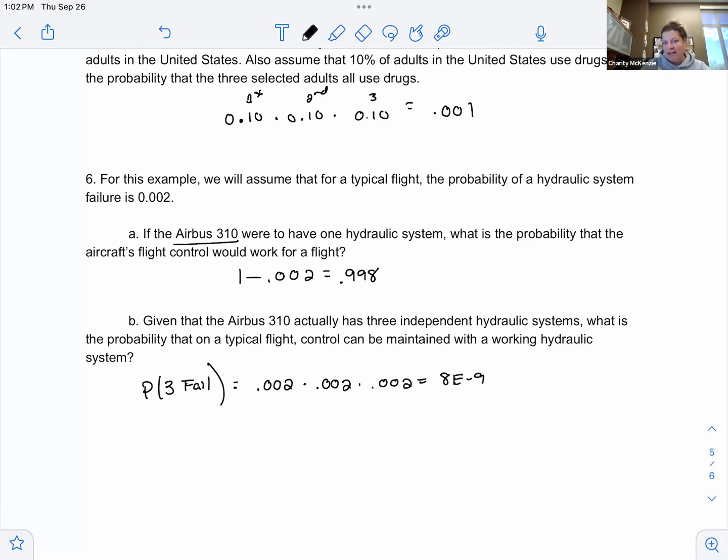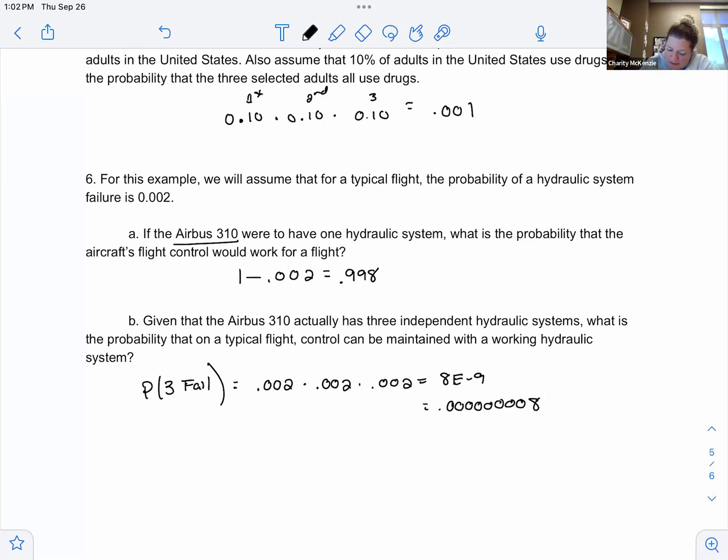That's a little tricky. That's scientific notation. You have the number 8, so you have a decimal right here for 8. And if I move that decimal to the left, because it's negative, 9 times, that's 1, and then I would have 8 more zeros. So this is the same thing as 1, 2, 3, 4, 5, 6, 7, 8 zeros and then the number 8. I almost put the number 9. 8. So 9 moves. So that's our probability of failure.